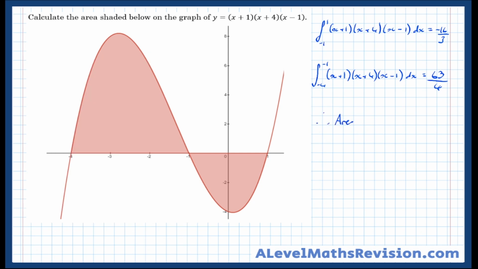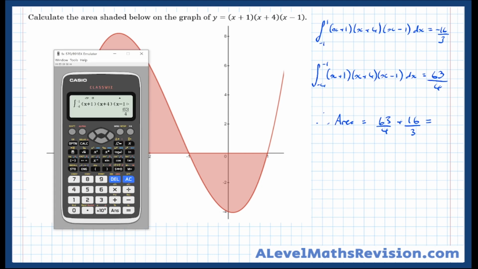Therefore the area equals 63 over 4 plus 16 over 3, which is equal to 253 over 12.